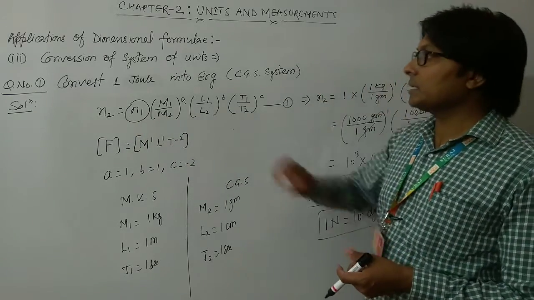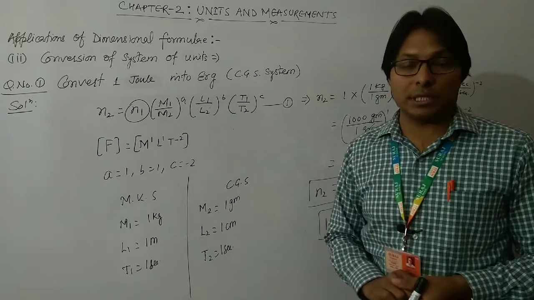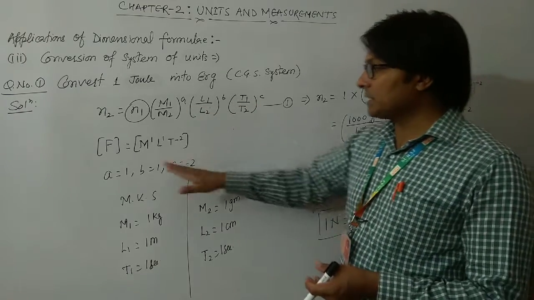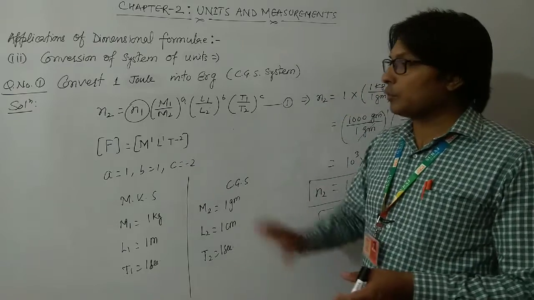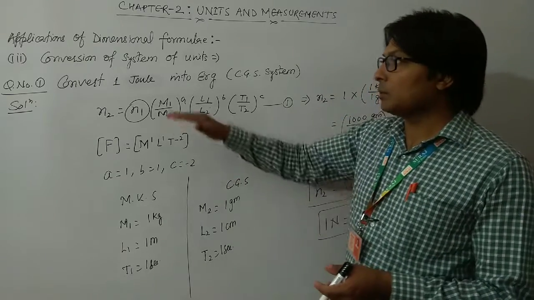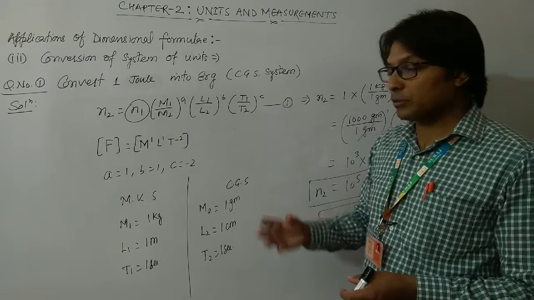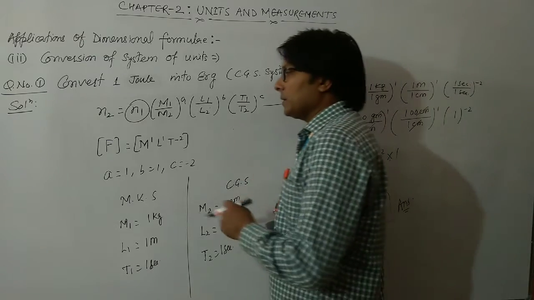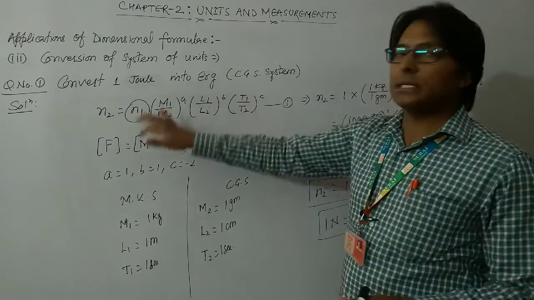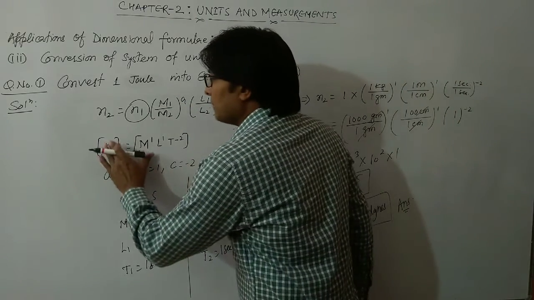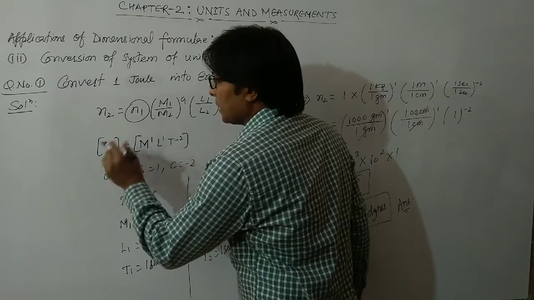You will say the dimensions of that physical quantity will change, because the dimensions we used were for force, but now the physical quantity is energy. Therefore we have to write the dimensional formula for energy, although the formula remains the same.